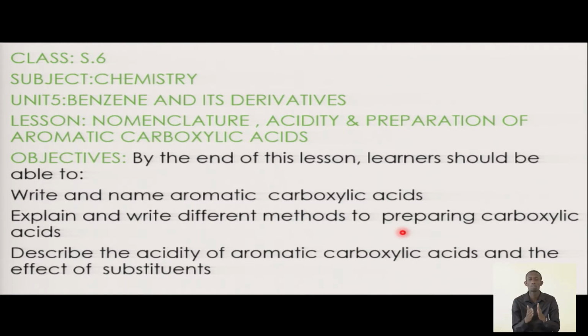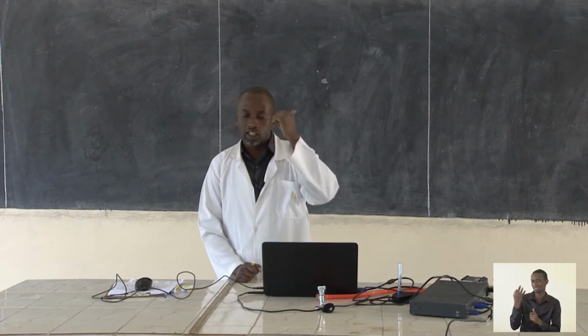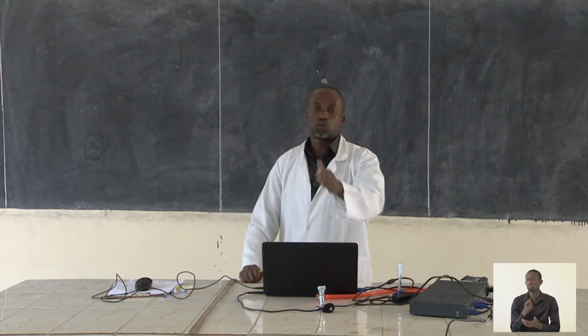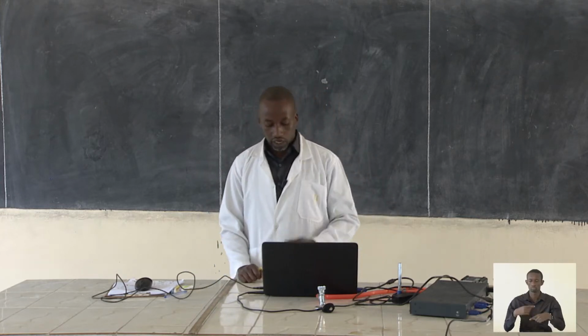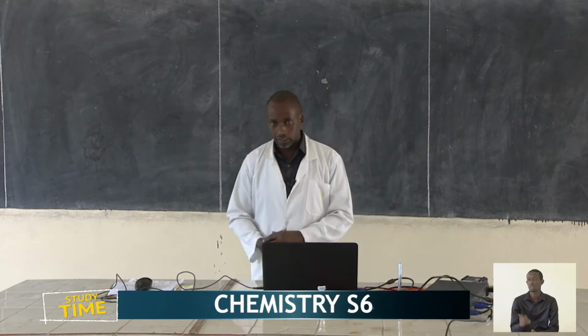I'm just referring to the reactions and equations. And 3, you'll be able to describe the acidity of the carboxylic acids and the effect of the substituents. Those are the 3 important parts that you need to understand as we move along with the lesson in these aromatic carboxylic acids.